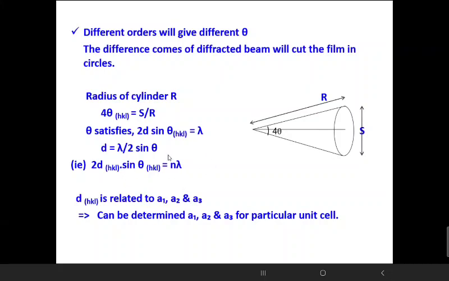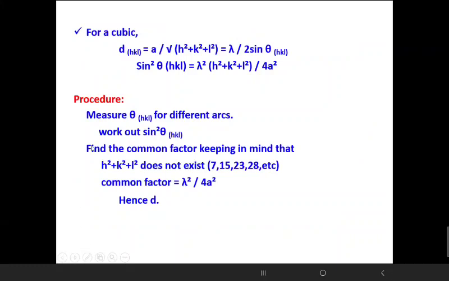By using these two formulas, you can find d_hkl and then find a1, a2, a3 of a particular unit cell. For a cubic, d_hkl equals a over the square root of h squared plus k squared plus l squared, which is equal to lambda over 2 sin theta. So sin squared theta can be written in this way.